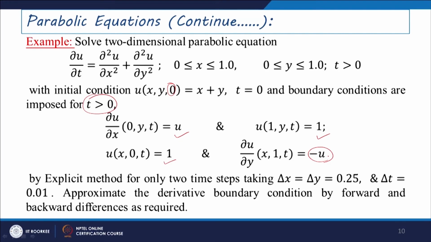Since we have already shown that whenever we use derivative boundary conditions at the first boundary, we use forward difference approximations, and at the last boundary we use backward difference approximations.